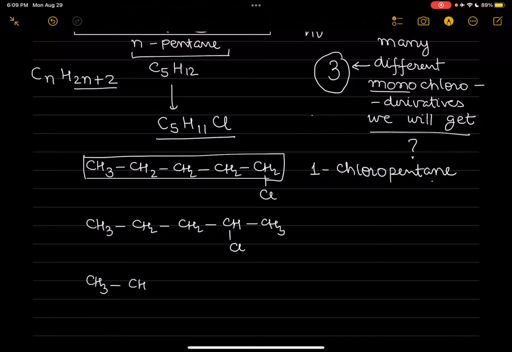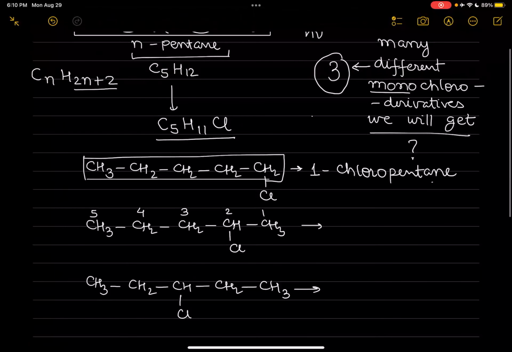What's the IUPAC name of this one? You need to count from end to end. 1, 2, 3, 4, 5. Now tell me the position where the chlorine is attached.